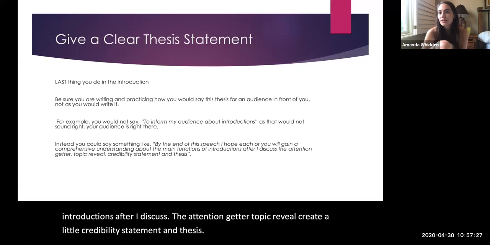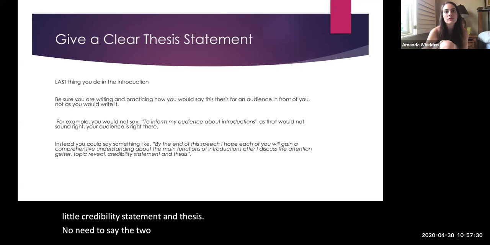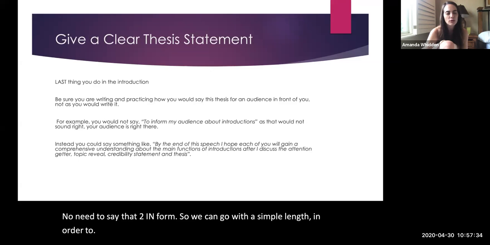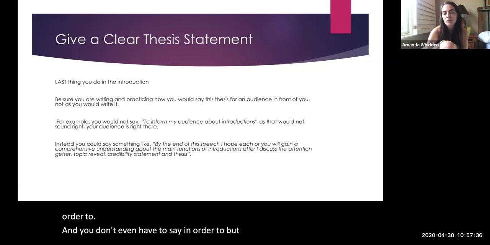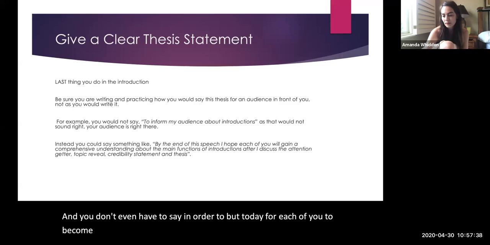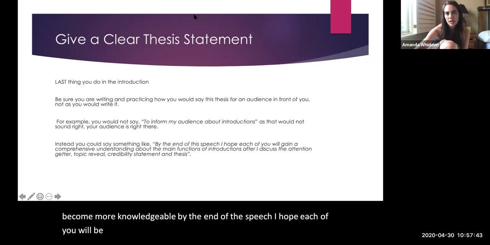No need to say "to inform." We can go with a simple "in order to," and you don't even have to say that, but "today for each of you to become more knowledgeable. By the end of the speech, I hope each of you will be better aware of," however you want to lay those out.